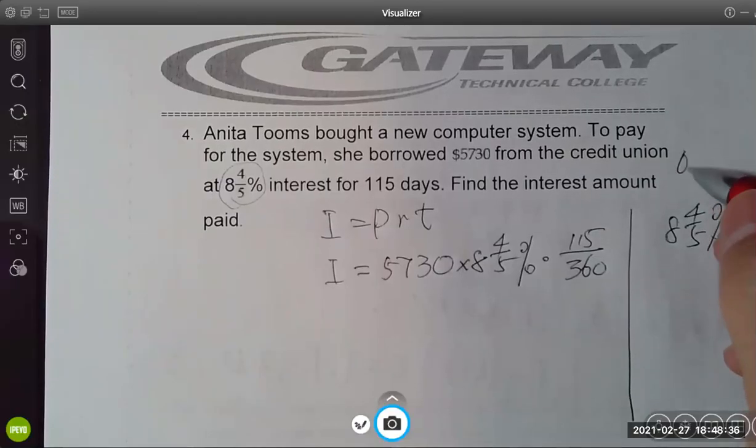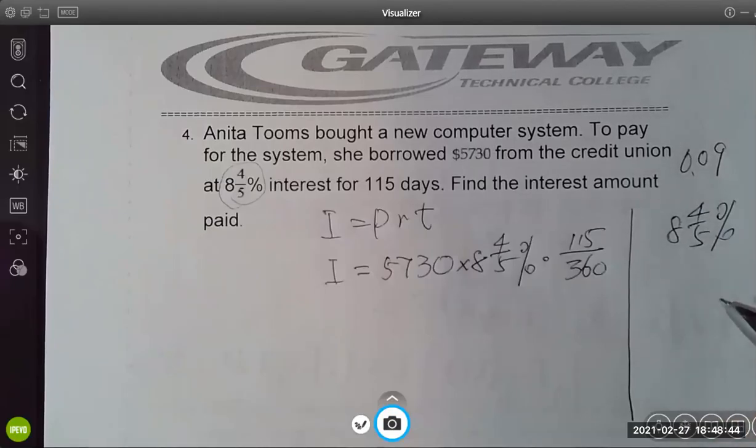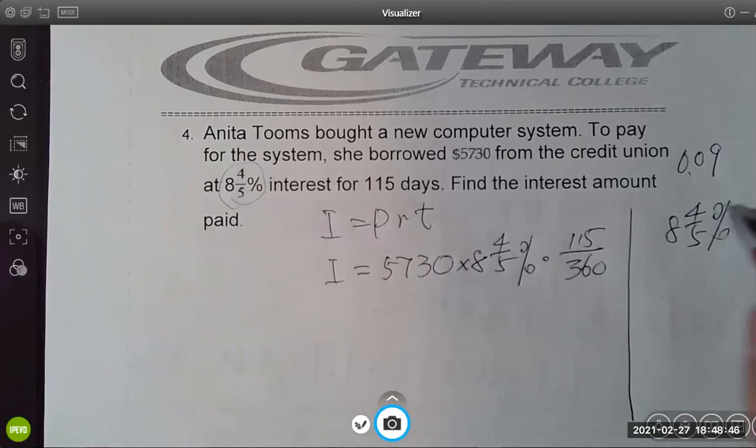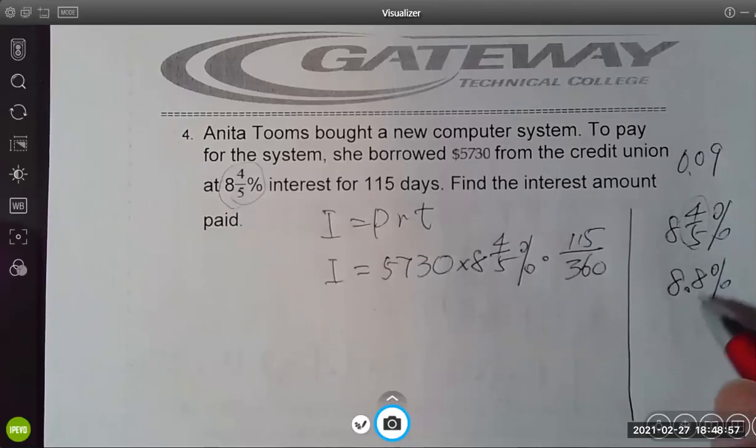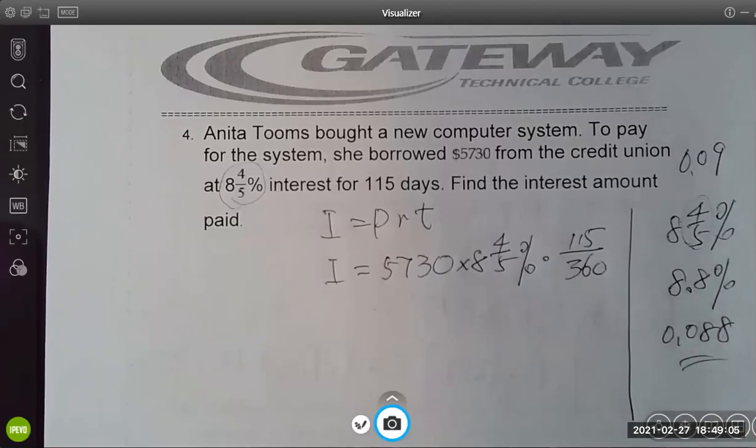And 9% is 0.09. That means after you convert this to decimal, it has to be smaller than 0.09 to be right. Now, how to do that? Look at the fractional part first. 4/5 is 0.8. So this one becomes 8.8. You still have this percent symbol. Move it 2 digits to the left, 0.088, which is slightly smaller than 0.09. This makes sense. This is right.